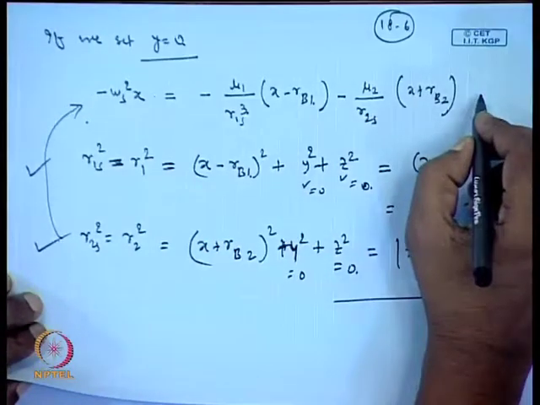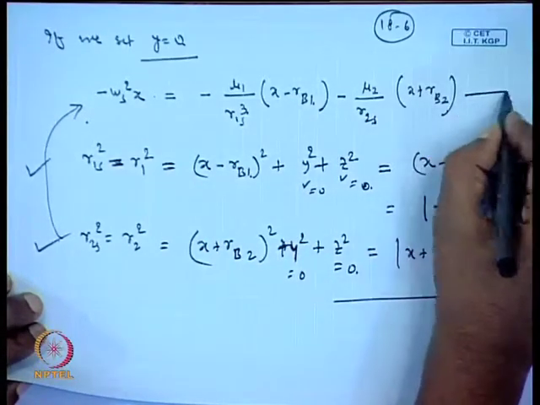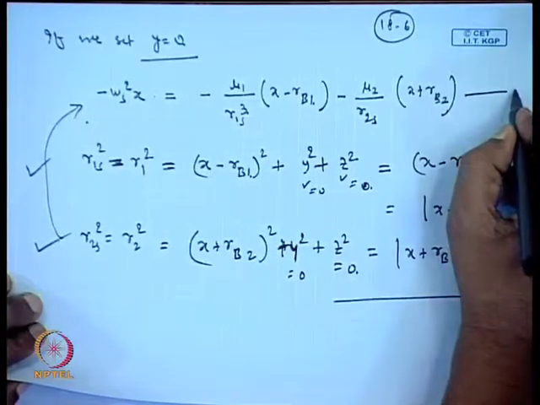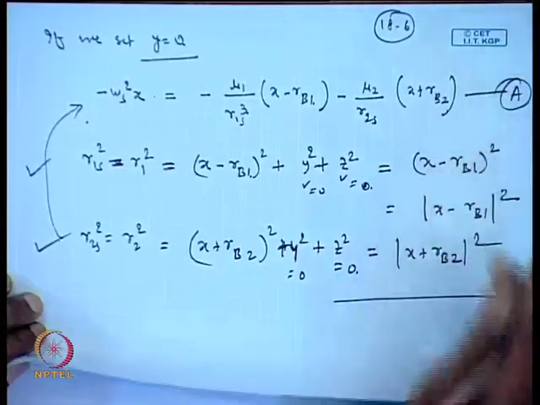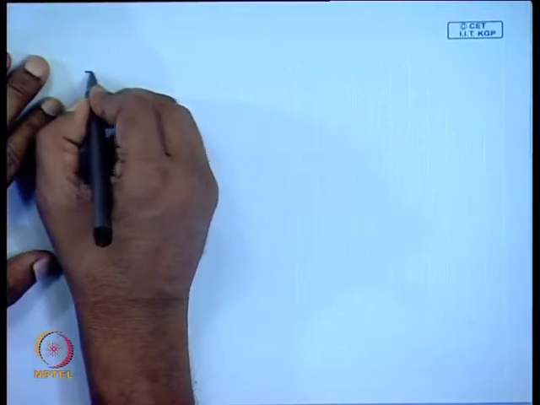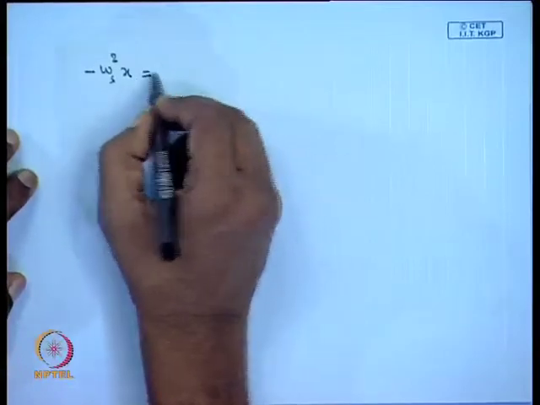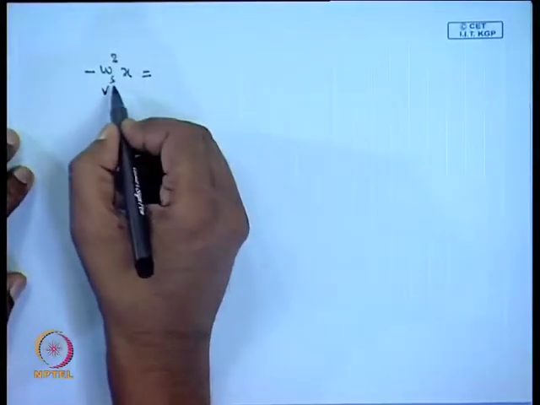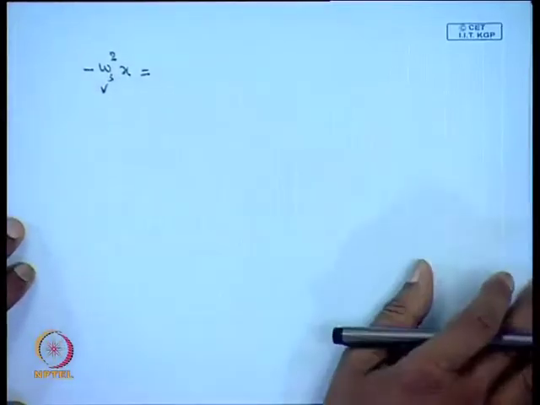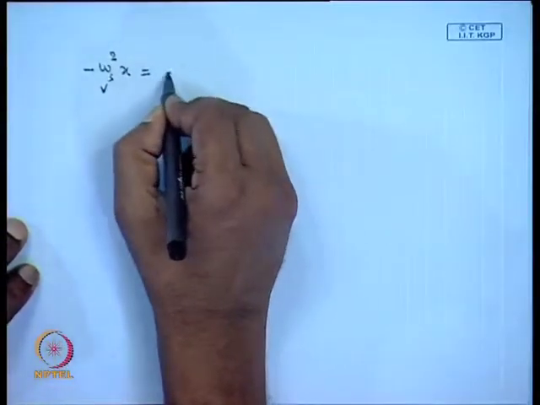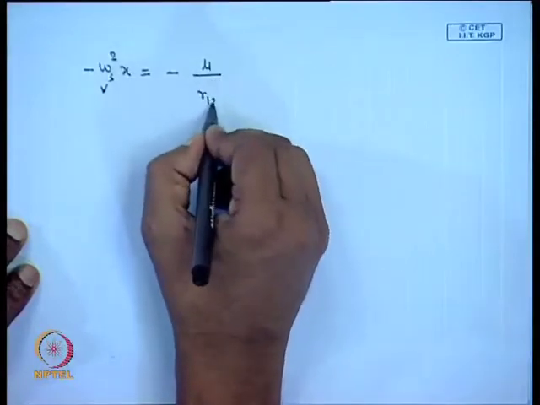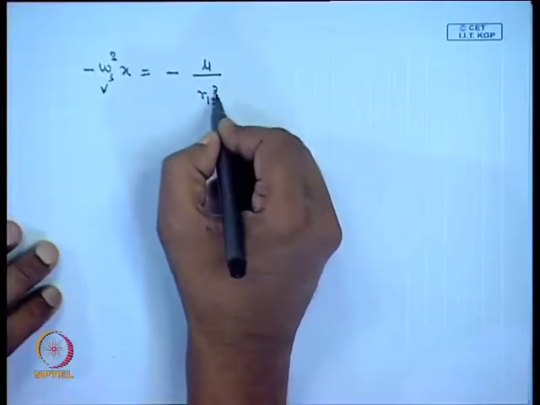Let us suppose we write this equation here as equation number A. Therefore, we can write omega square x is equal to, now omega s is nothing but the angular velocity of the two primary masses, and this is equal to mu by r12 whole cube, and we have proved it many times.